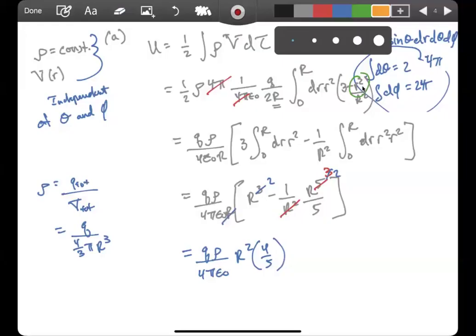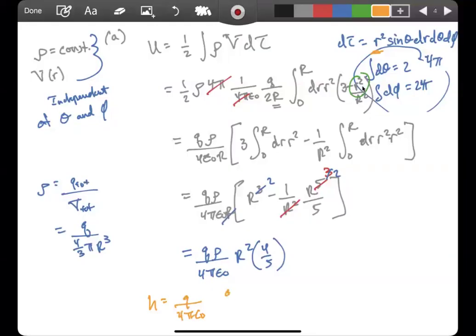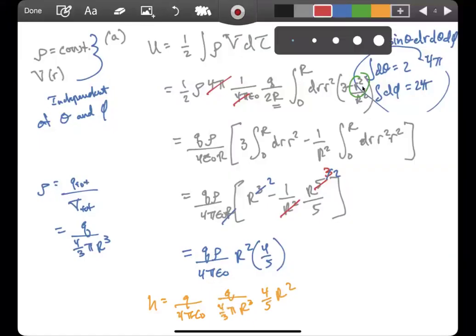So finally, what we're going to get is that the energy stored is going to be Q divided by 4 pi epsilon naught times Q divided by 4/3 pi R cubed times 4/5 of R squared. Awesome. So let's see what's going to happen here. I can cancel this guy with one of him to make him simply this.